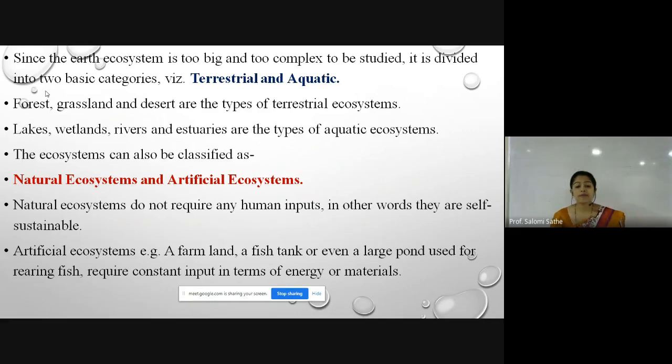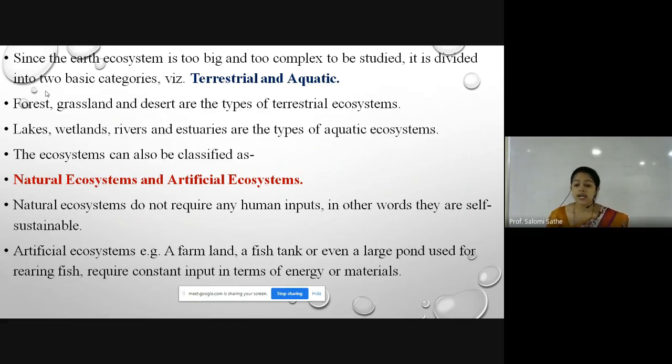The ecosystem can be classified, now they are broadly classified into two types of ecosystem. First, natural ecosystem, which is made naturally, and the second one is the artificial ecosystem. Here the man interaction takes place. First, natural ecosystem do not require any human input. याच्यामध्ये कोणत्याही प्रकारचं ह्युमनचं इंटरॅक्शन पाहायला मिळत नाही, म्हणून त्याला नॅचरल इकोसिस्टम असं म्हटलं जातं.